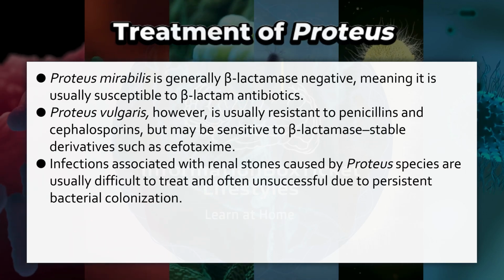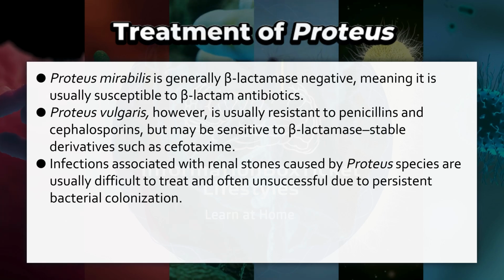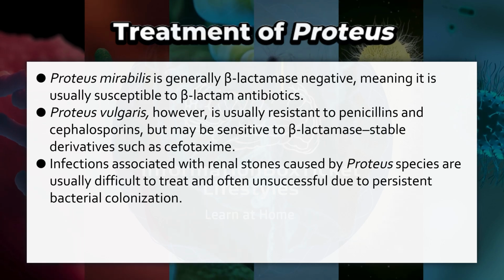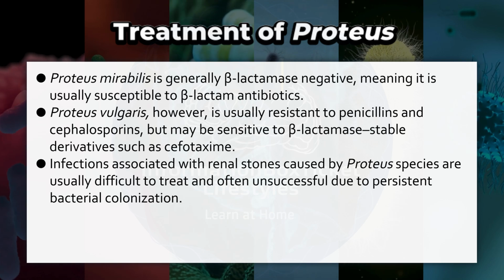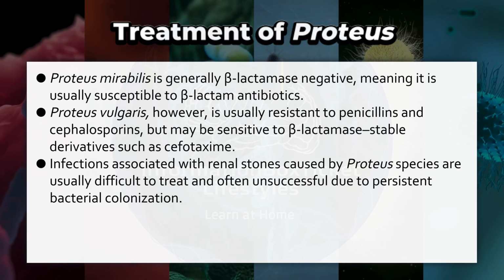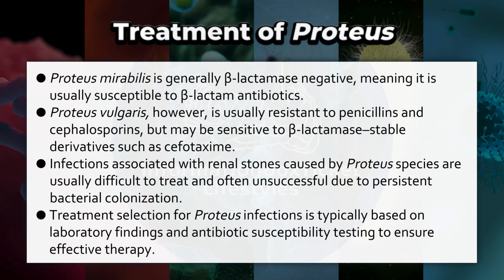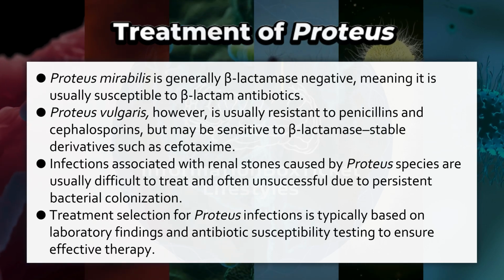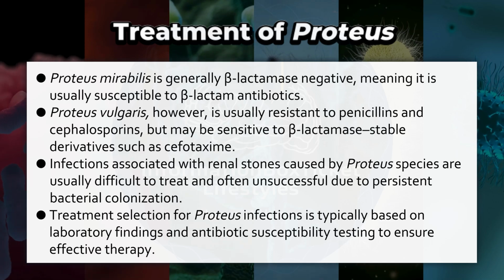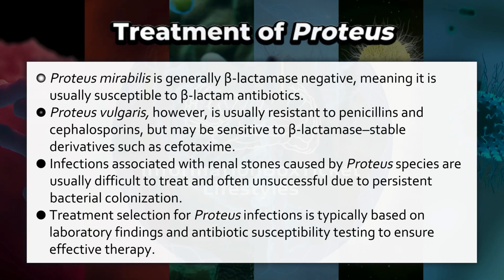Infections associated with renal stones caused by Proteus species are usually difficult to treat and often unsuccessful due to persistent bacterial colonization. Treatment selection for Proteus infections is typically based on laboratory findings and antibiotic susceptibility testing to ensure effective therapy.